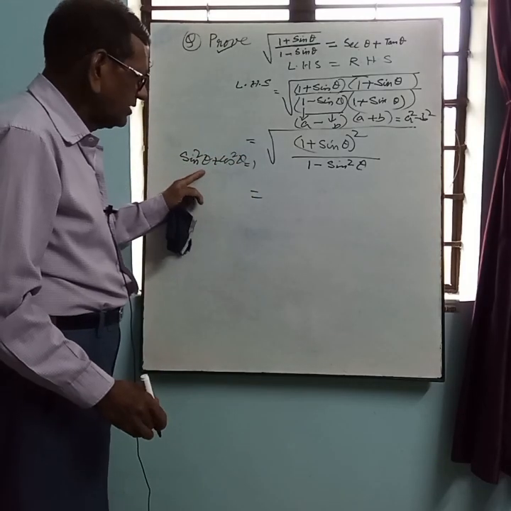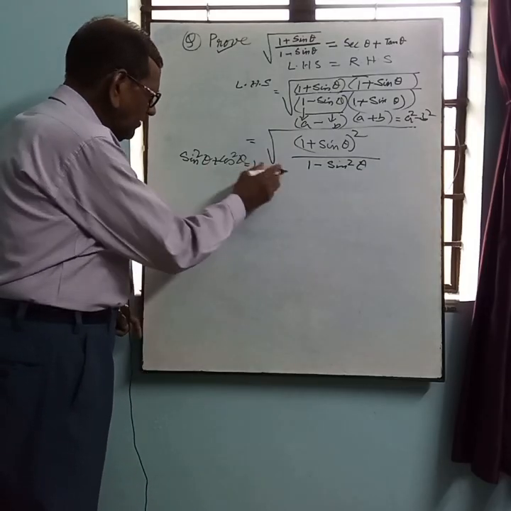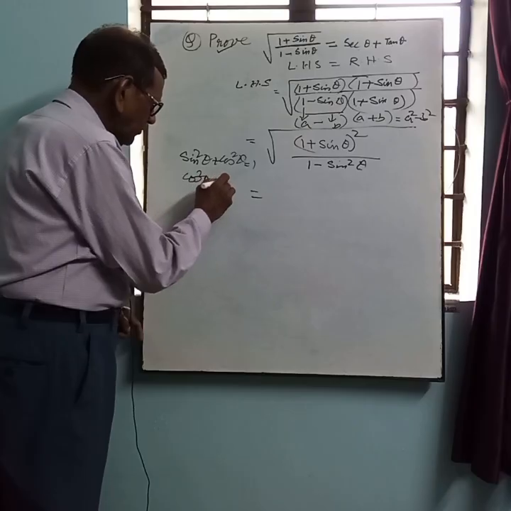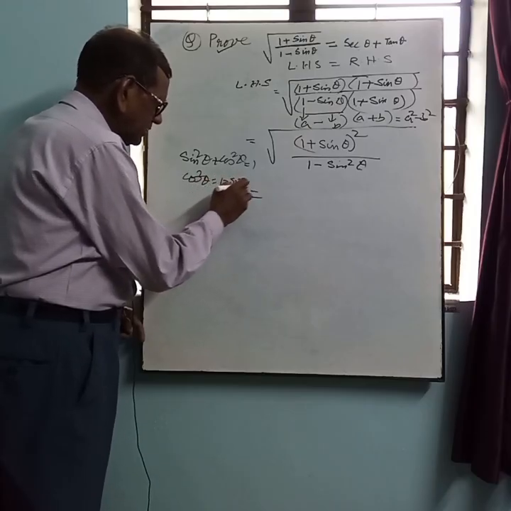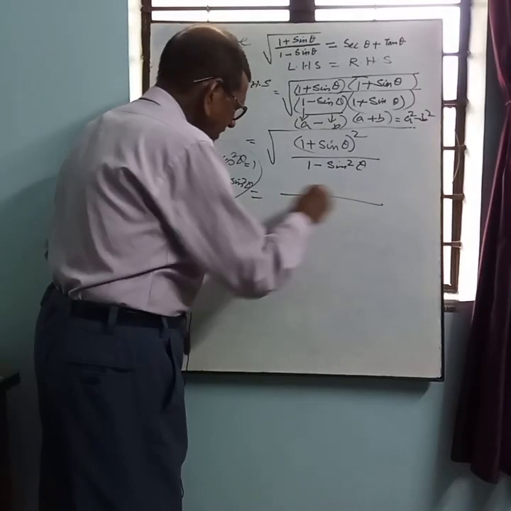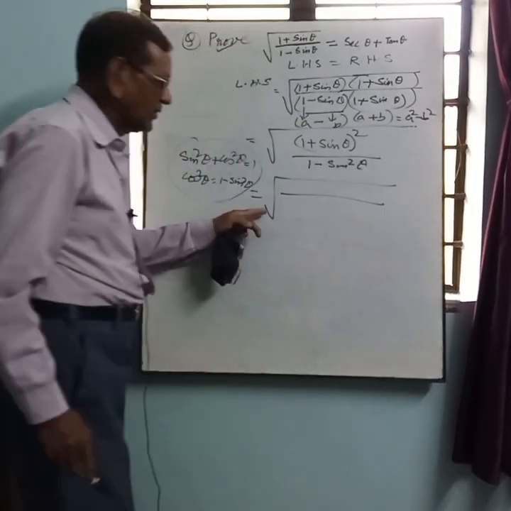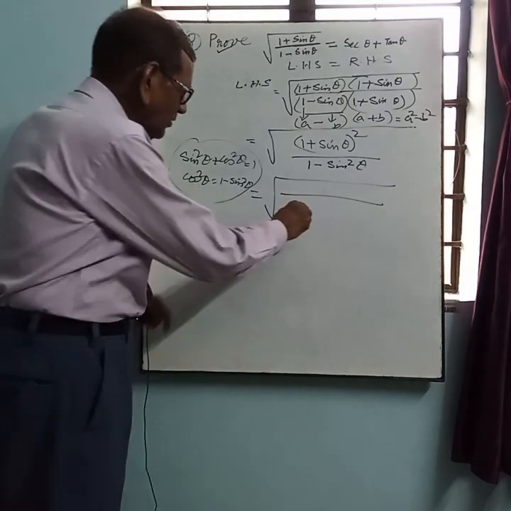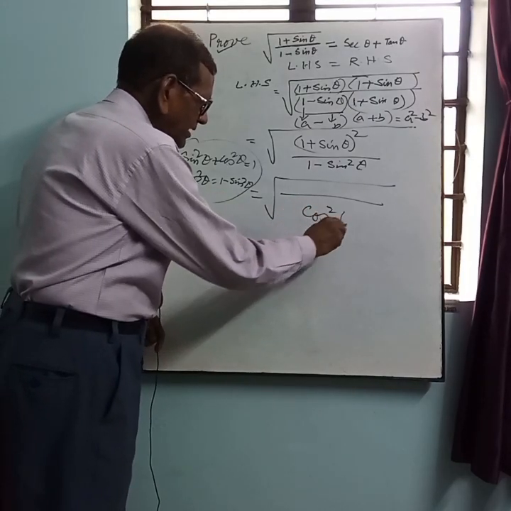This is a very important relationship. If sine square goes to the other side, cos square theta will be 1 minus sine square theta. With this help, you can write, keeping the square root also in this question, 1 minus sine square theta is equal to cos square theta.